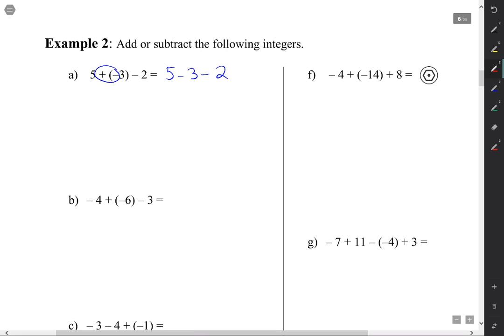And remember, take this step by step. Start from the left and move to the right. Read it like a sentence. So here we would do 5 minus 3. That would give us 2. And then we still have to deal with this minus 2 at the end there. So our final answer for this one would be 2 minus 2 is 0.